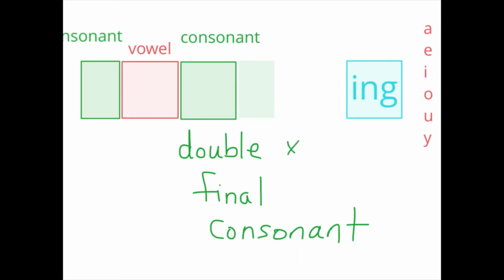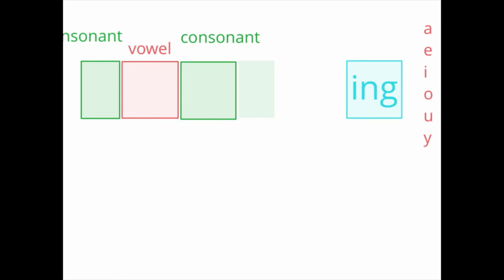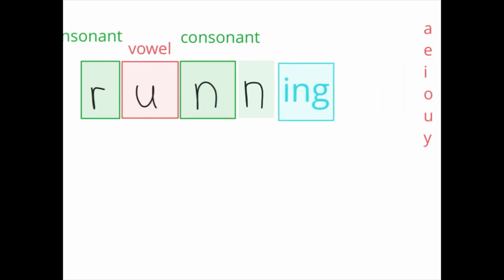Double means times 2. So for example, we could have the word run. U is a vowel and N is a consonant. So we are going to double the final N and then add ing.